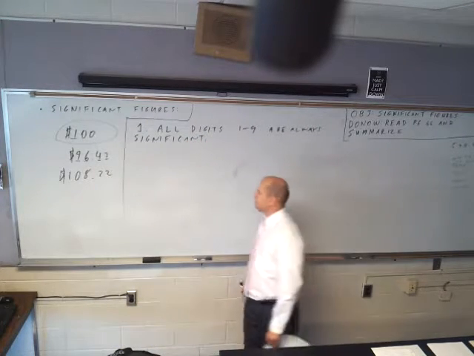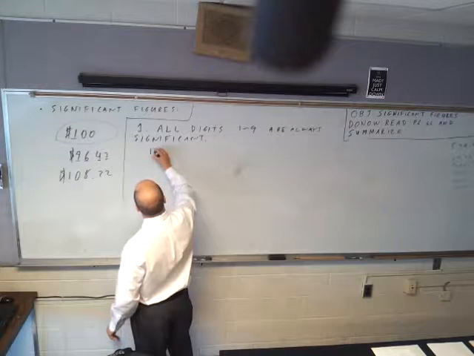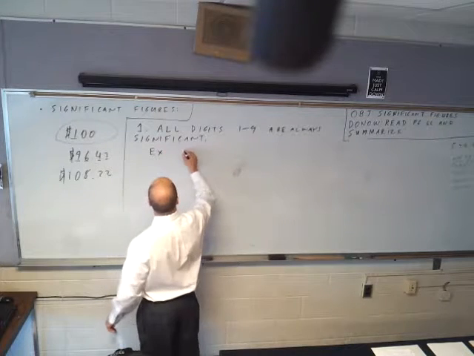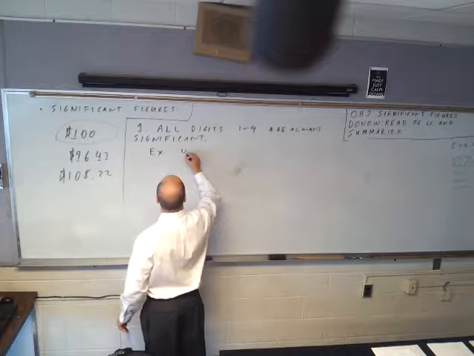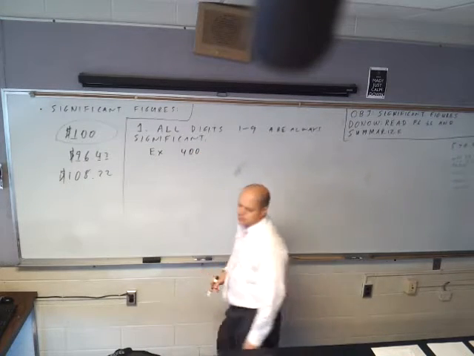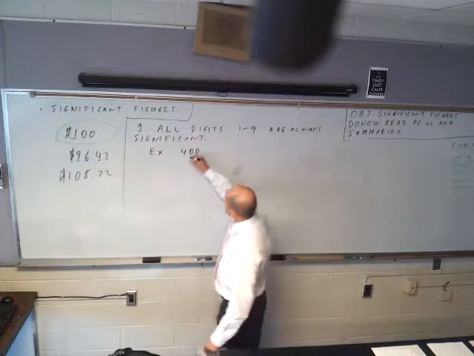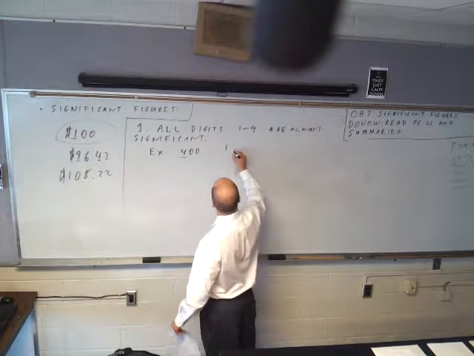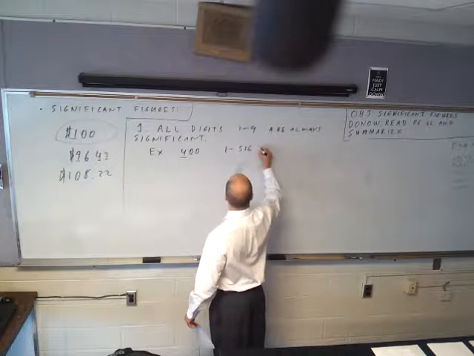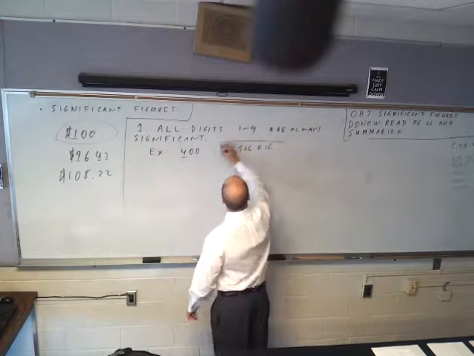So for example, I write the number 400. This number has 1 significant digit, only the 4. So 1, I'm going to abbreviate this and call it sig fig. 1 significant figure.